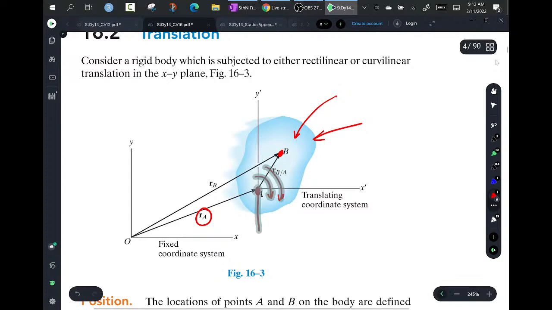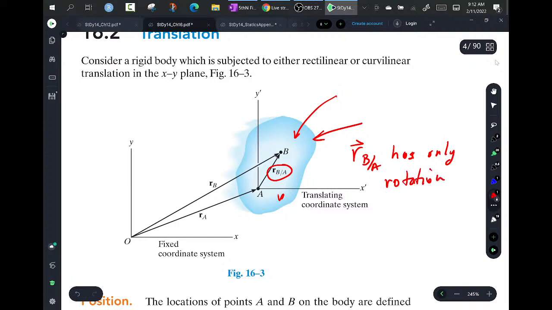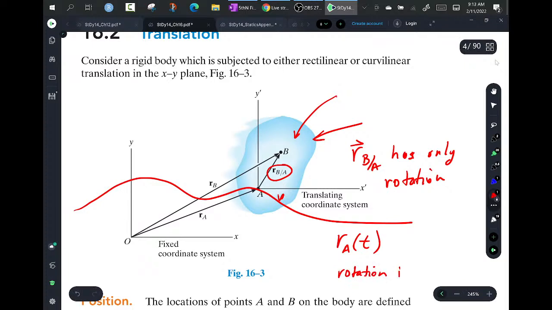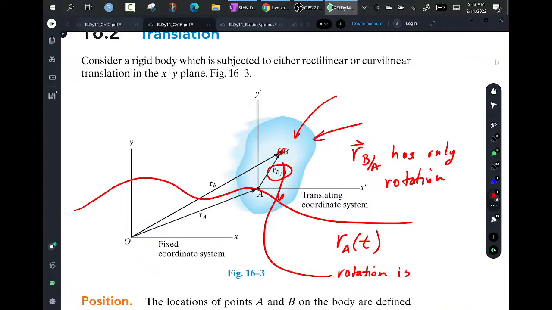So in other words, this has only rotation. So if someone were to be able to tell you this path r sub a as a function of time, and to tell you what the rotation is, then you can determine what B is, the position of B.